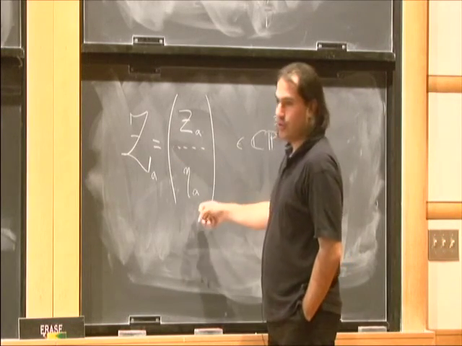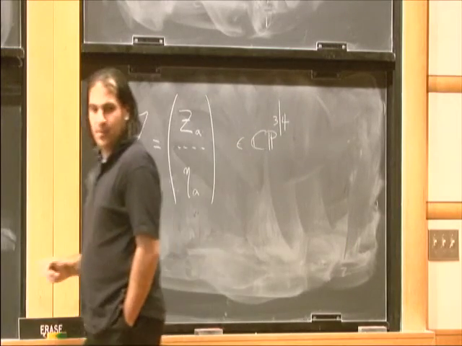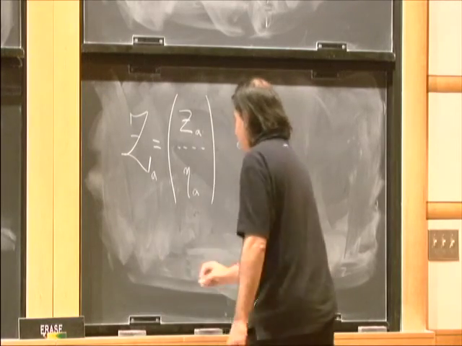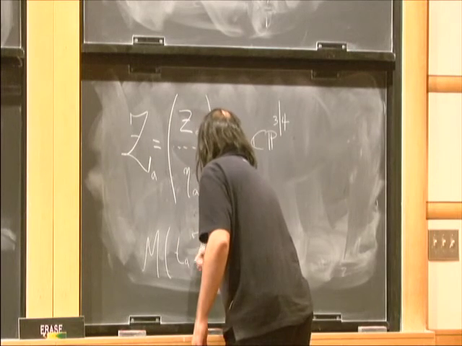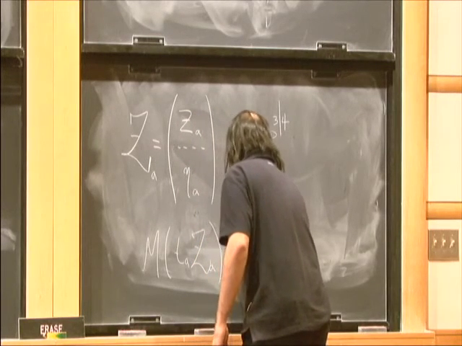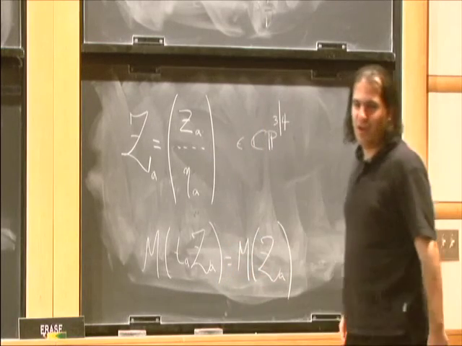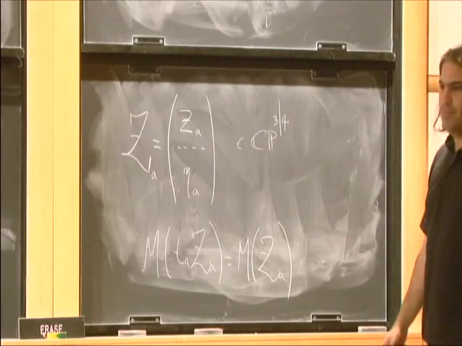These etas are some new Grassmann variables. So you mean nothing could happen if you multiply both the z's and the eta by the same quantity? Exactly. And in fact, the amplitudes precisely have that property, that M of tZ_A is just equal to M of Z_A. So they're honestly variables on CP3|4.